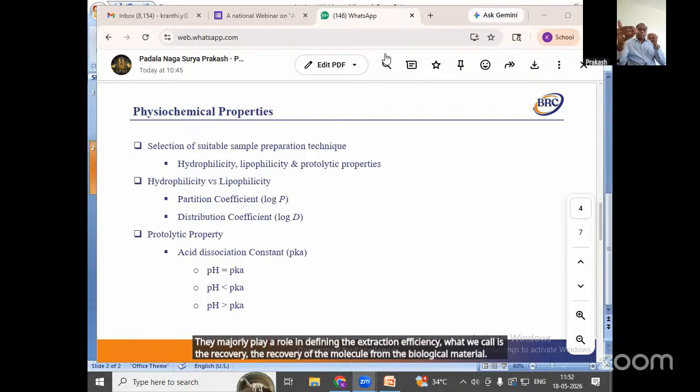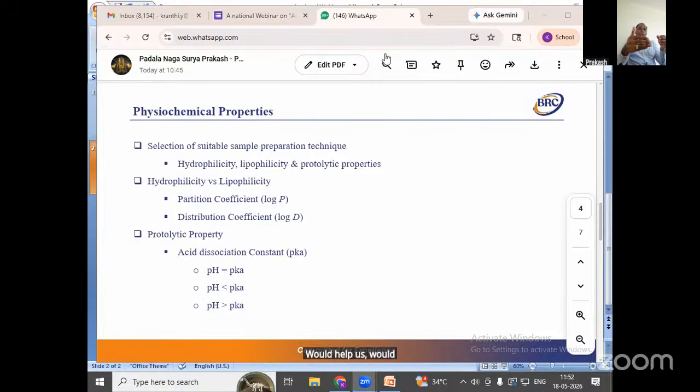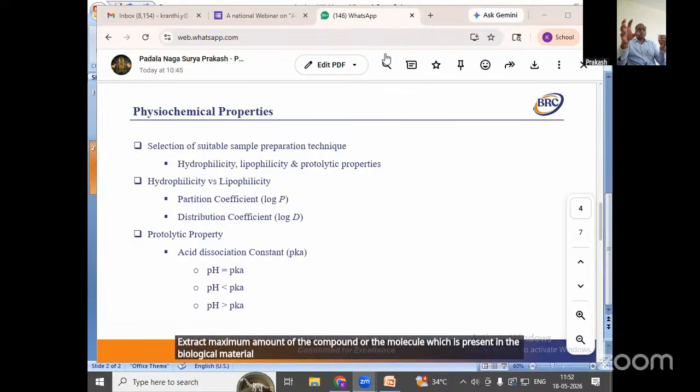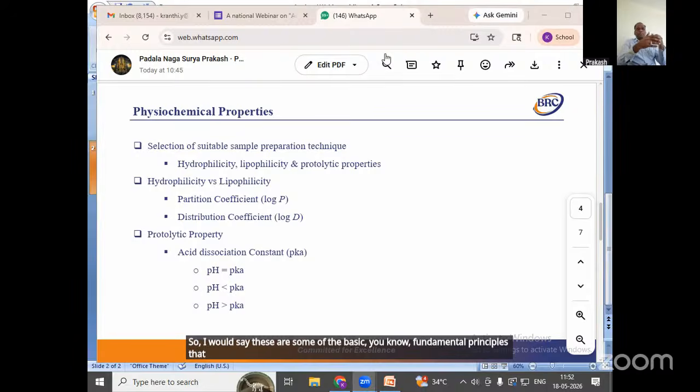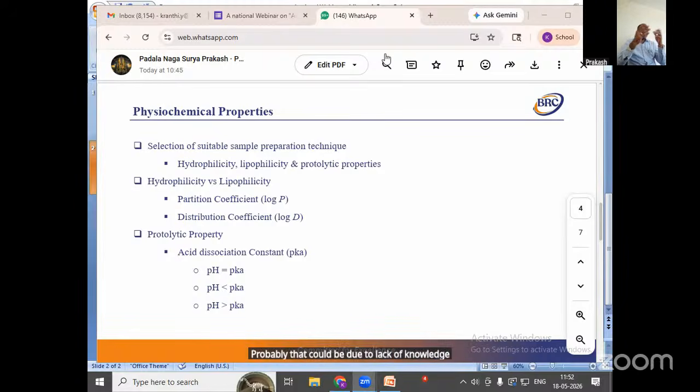Having a basic understanding of these properties helps a bioanalytical scientist extract the maximum amount of the compound or molecule present in the biological material. These are some of the basic, fundamental principles that most graduates or scientists would ignore, probably due to lack of knowledge.